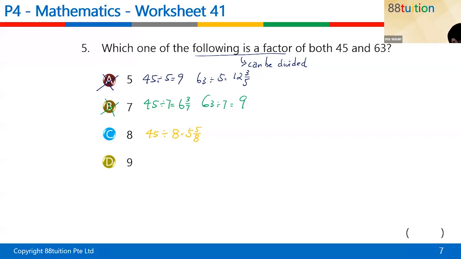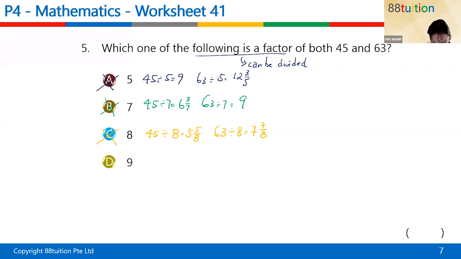Then 63 divided by 8 will give me 7 wholes and 7 over 8.